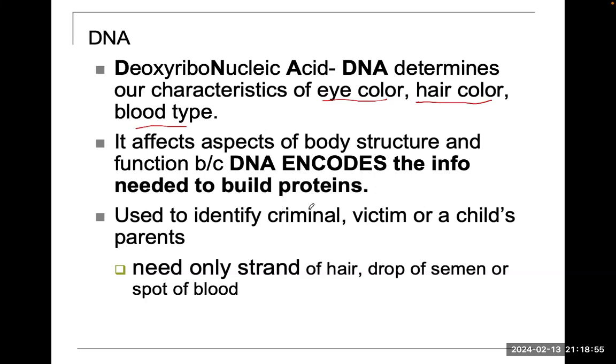And we know DNA is used in all these shows like CSI New York, CSI Miami, and Law and Order. They're always looking at DNA to identify criminals or victims or determine who's the parent of a child. And all you need is a strand of hair, a drop of semen, a little bit of blood. It seems like DNA could be found in all body tissues.